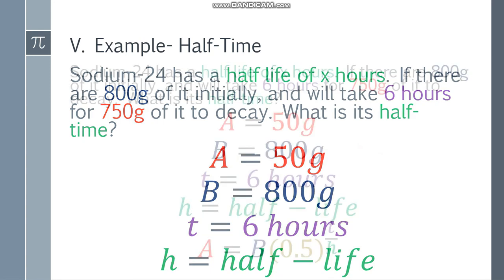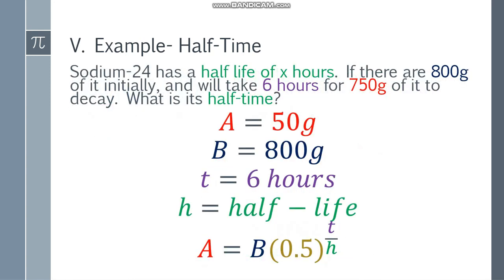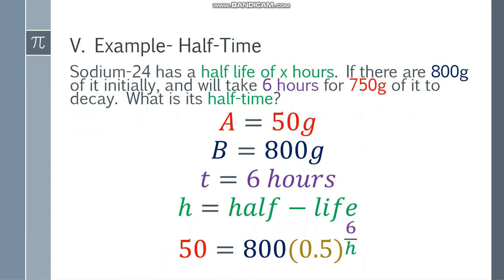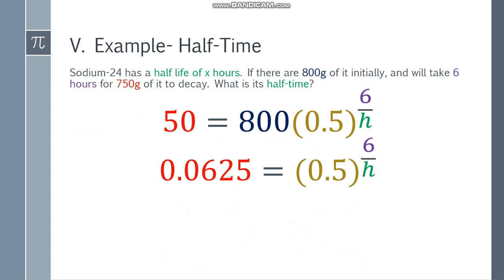So let's place the formula and substitute the values. So you have 50 is equal to 800 times 0.5 to the 6 over h. Divide both sides by 800 and you will get 0.0625 is equal to 0.5 to the 6 over h.